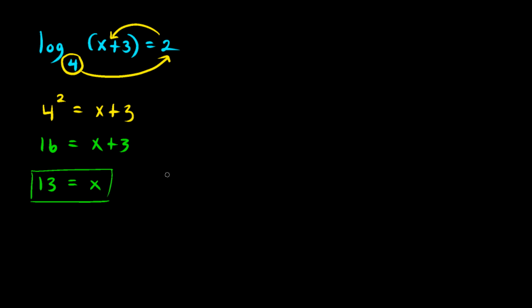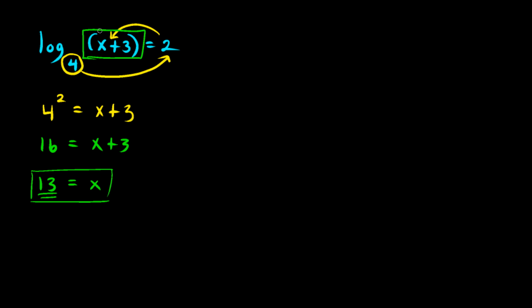Now again, we need to check the solution. This is where that important rule comes in, because this is a logarithmic equation, and if this x value would cause this n value to be negative, then you would not accept this solution.